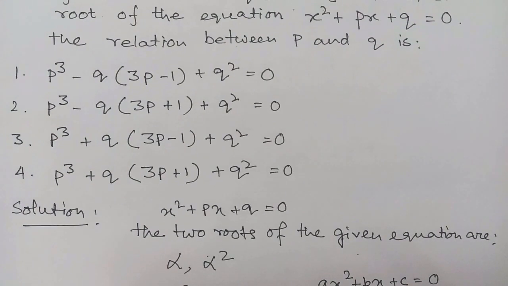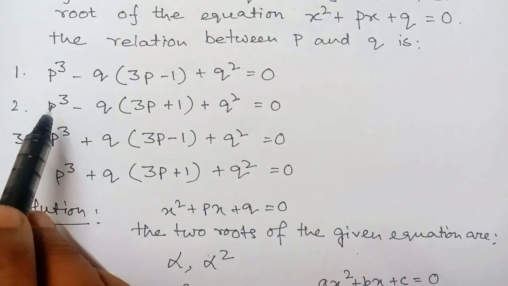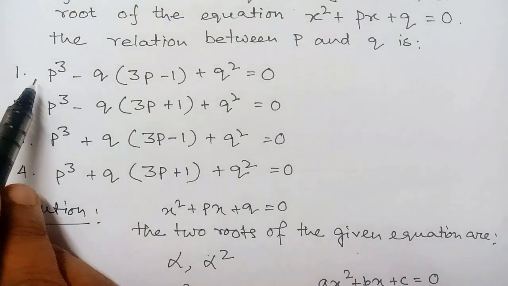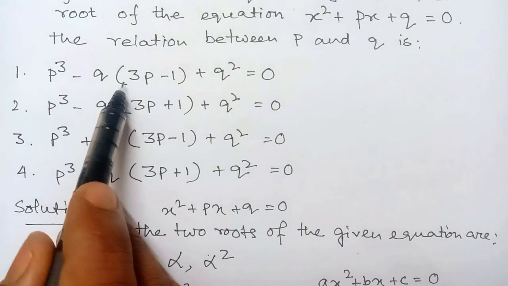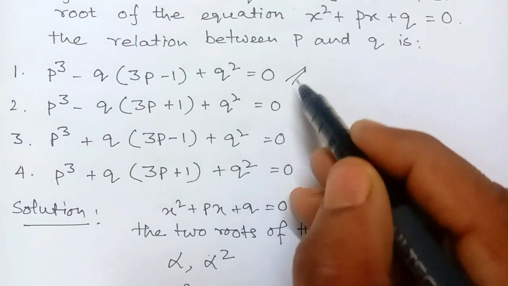So from the four options given in our question, our answer matches with the first option, which is p cube minus q into (3p minus 1) plus q square equals 0. So this is the correct option.